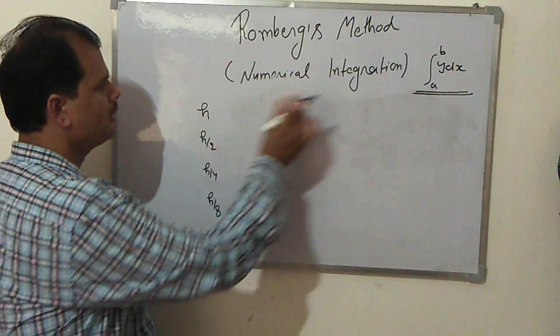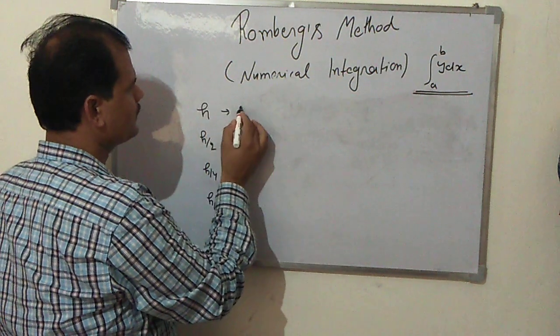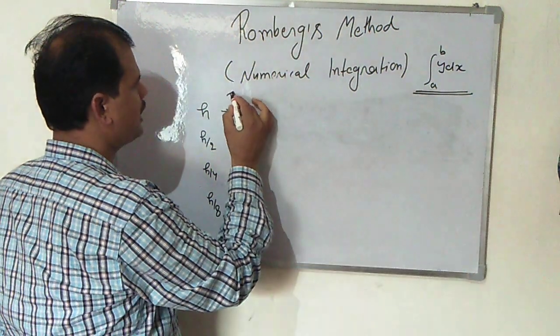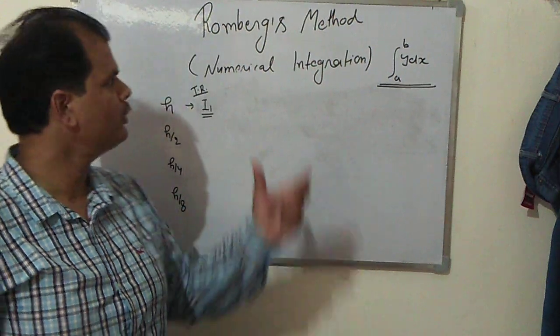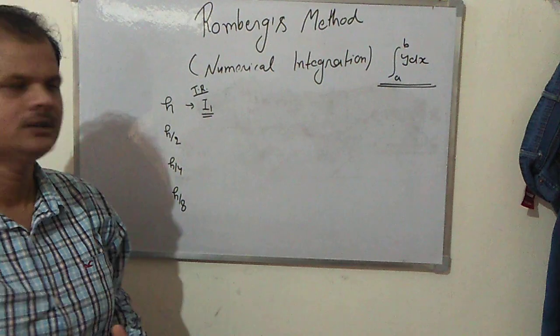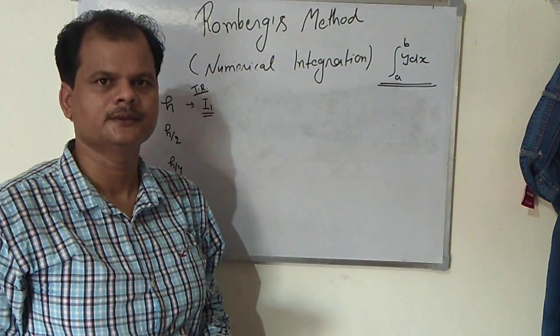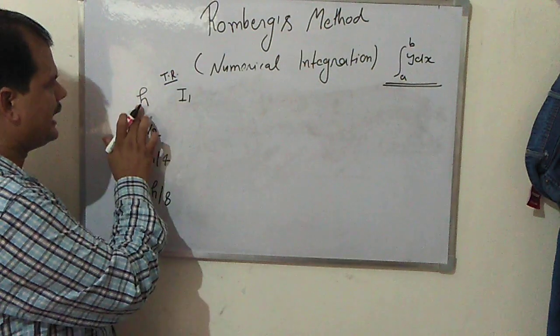So for this integral, find I1 using the trapezoidal rule. Before this method, you should know the trapezoidal rule for finding numerical integration. By taking h, we first find I1, the integration using the trapezoidal rule.